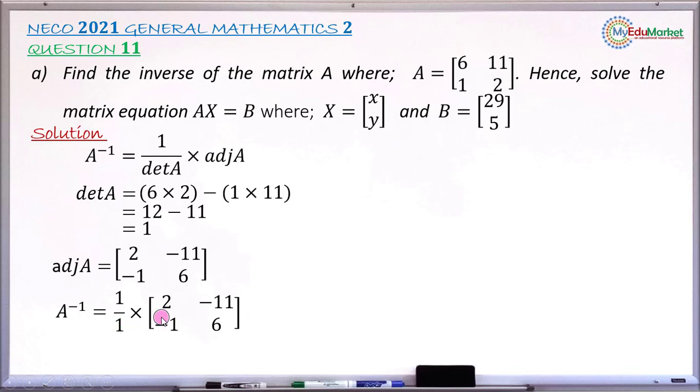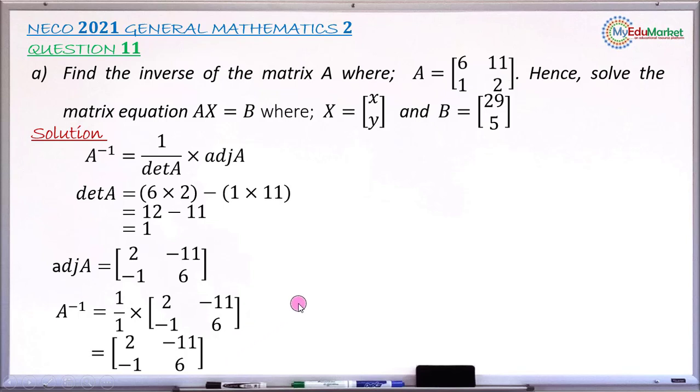So 1 times the elements inside this matrix, the elements remain the same. So you now have A inverse as a matrix with elements 2, minus 11 in the first row, minus 1 and 6 in the second row. This is the inverse of this matrix, and that answers the first part of the question.